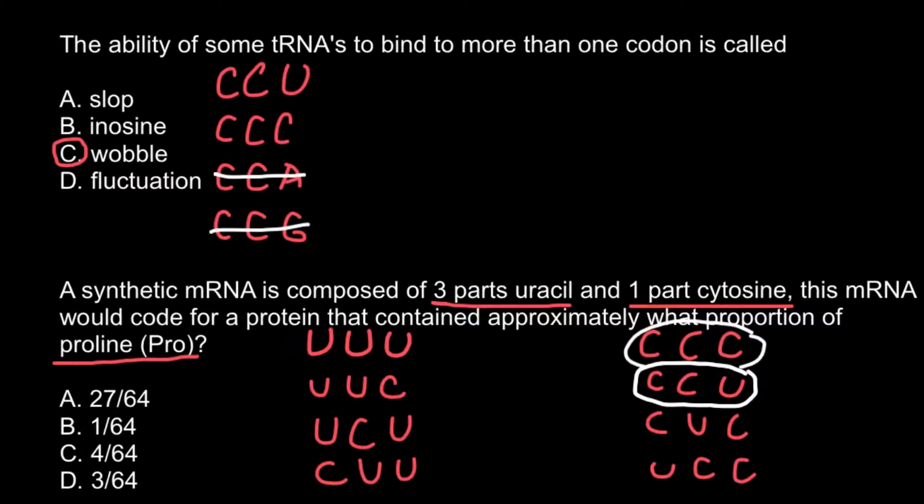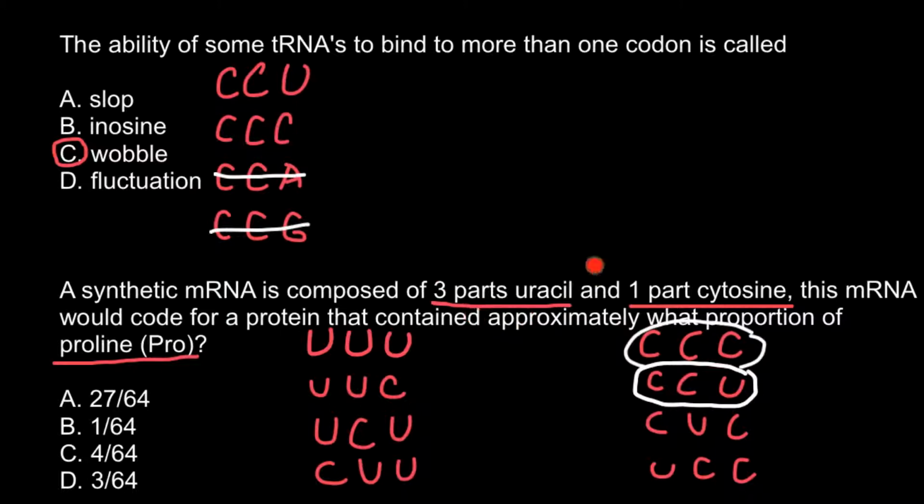If we had an equal number of uracils and cytosines, these 8 combinations would be equally likely, and the frequency of proline would be 2 out of 8, or 1 out of 4, or 25%.